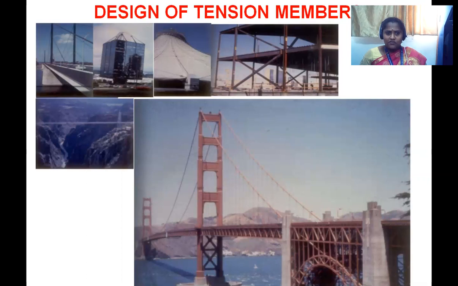Likewise, what are the parts of the structure? Column, beam, slab, even footing, all those things are general parts of a structure. Apart from that, in design of steel structures, we have another part called tension members. What is that and what is it used for?